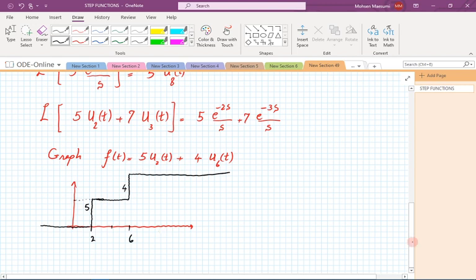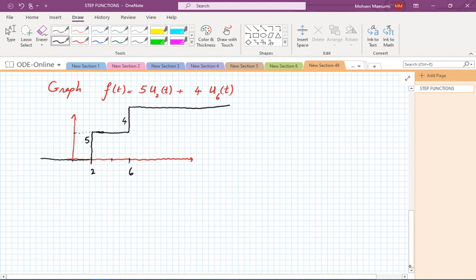So sometimes the graph is given and then you're asked to actually produce the function. Again, you look at your graph, see what are the critical times. Those are where the c's are going to be at, so at 2 and 6.